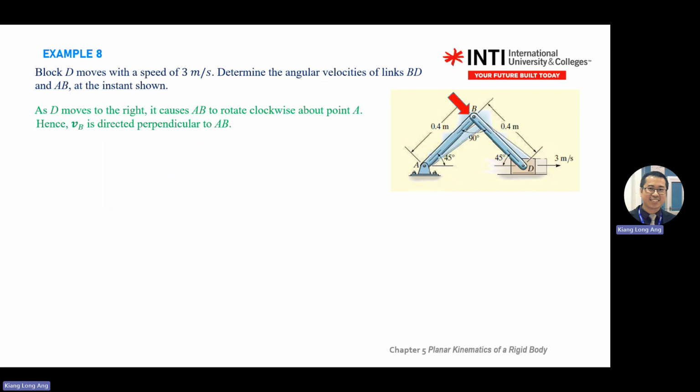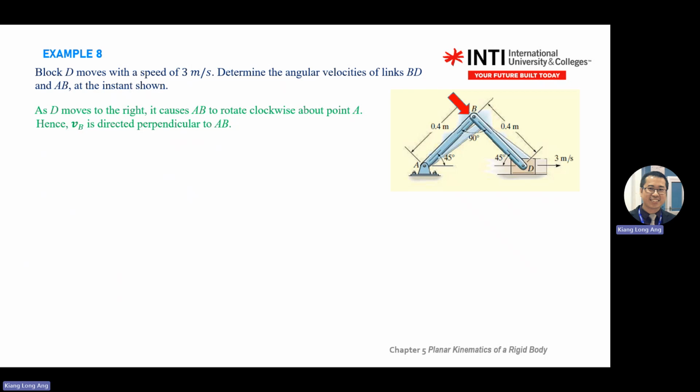Same with here. Block D moves here. So when this moves here, this one will move like that, this one will move down. Determine angular velocity of link BD and AB at the instant shown.